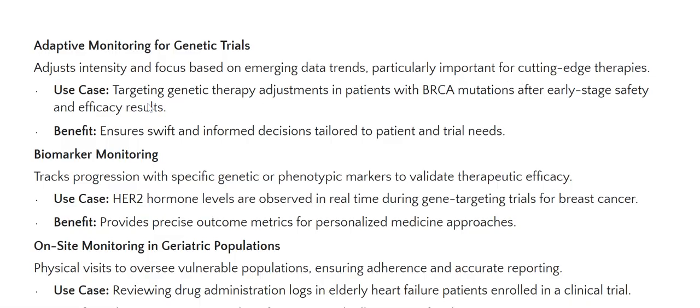A use case here is targeting genetic therapy adjustments in patients with BRCA mutations after early-stage safety and efficacy results. The benefit is that it ensures swift and informed decisions tailored to patient and trial needs.